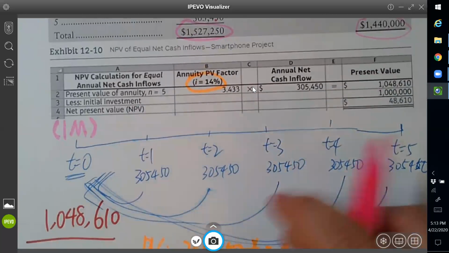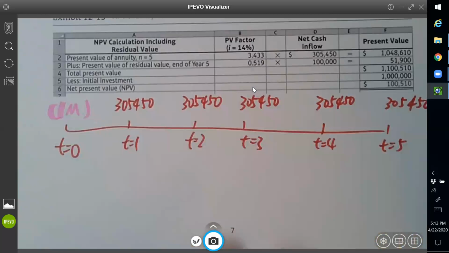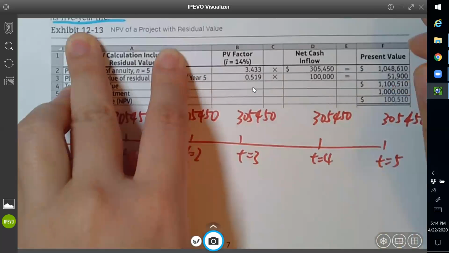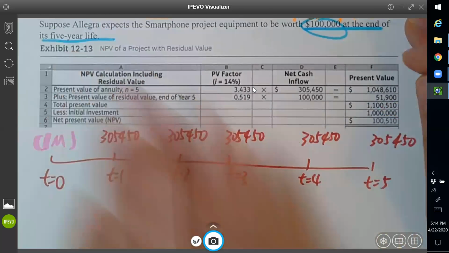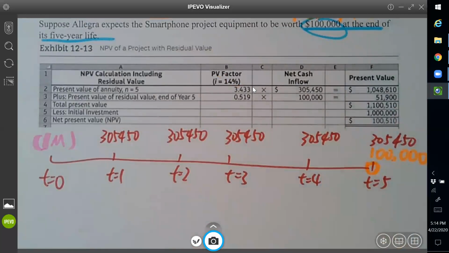Then we said without residual, you just discount this; you can use the annuity to get the discounted cash flow. But here, at the end of the project, in the 5th year, you can sell the equipment and get 100,000 cash inflow.